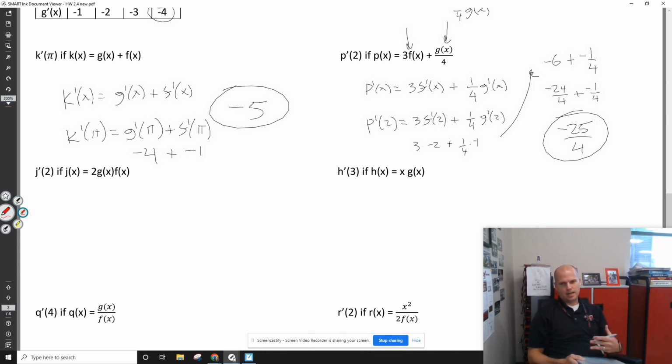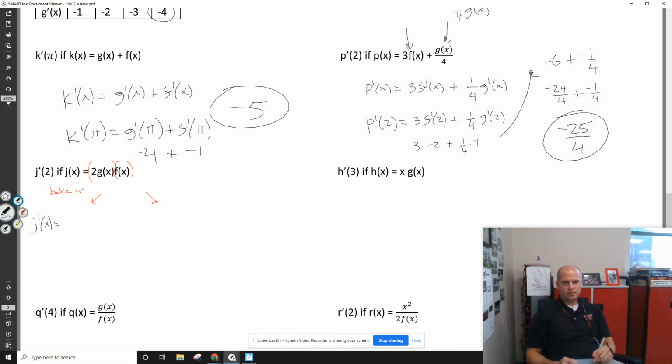Now we have a constant times a function. And in this case, we have a product. There are two ways that I teach you to deal with this. Two ways. One, I like to call baking in. You can bake in the 2 to the g of x, which means you could treat this as just a product of two things, 2g of x and f of x.